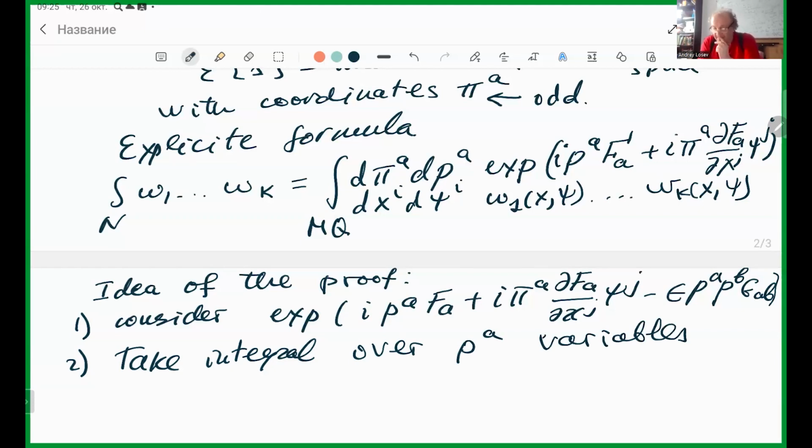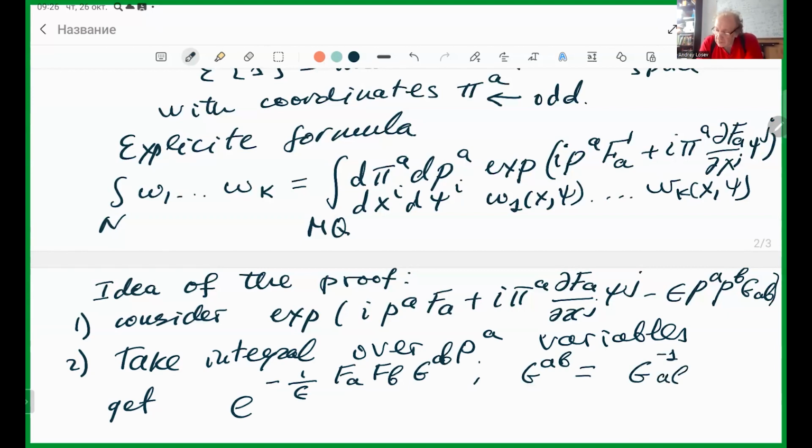They are not fields yet. Get Gab. So it's the inverse metric.